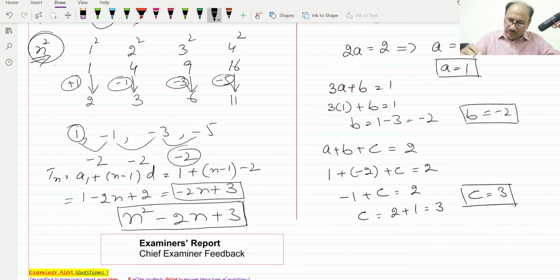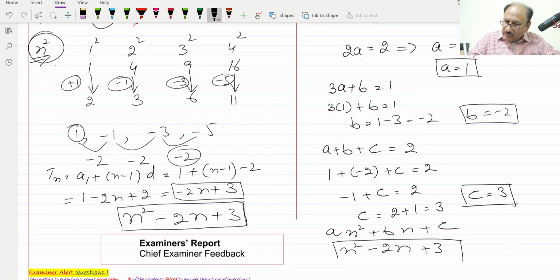Now these three values we will replace in the general quadratic format. What is the general format? an squared plus bn plus c. So a will be 1, so it will be n squared, and b is minus 2, so minus 2n, and c is 3, so plus 3.